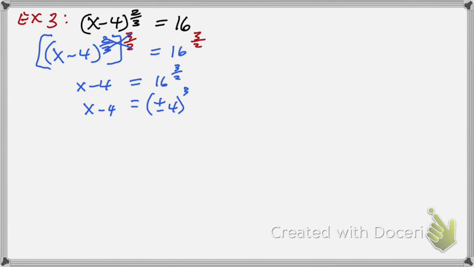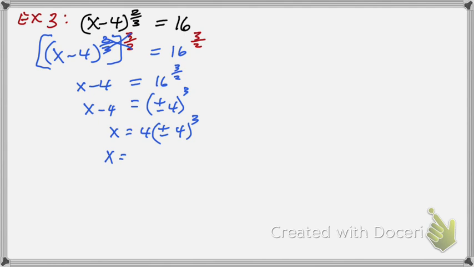So I bring the 4 across. I've got x equals 4 plus or minus 4 to the... Well, that's a bad way to write it. There we go.